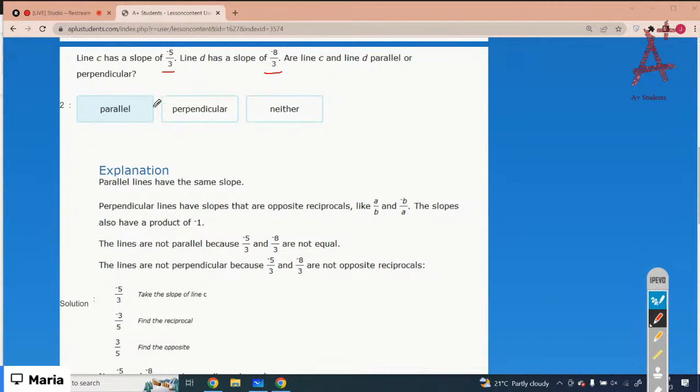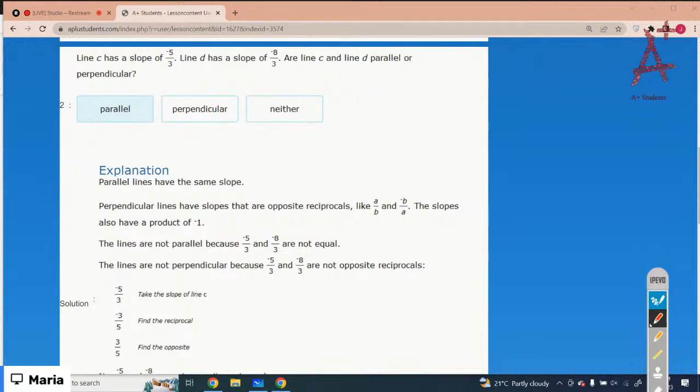That means no, the lines are not parallel. Now let's find the reciprocal of negative 5 over 3. It would be 3 over 5. So the reciprocal is not equal to negative 8 over 3. They are not perpendicular. So it is neither. They are neither perpendicular nor parallel.